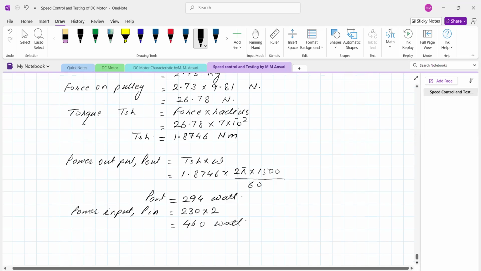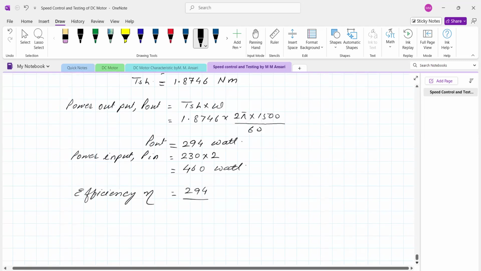Now efficiency is equal to 294 divided by 460 into 100. So the efficiency of the motor at this particular load is 63.9%.